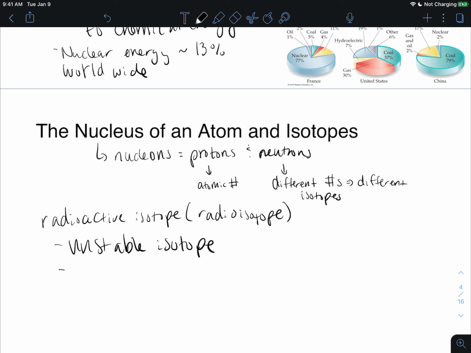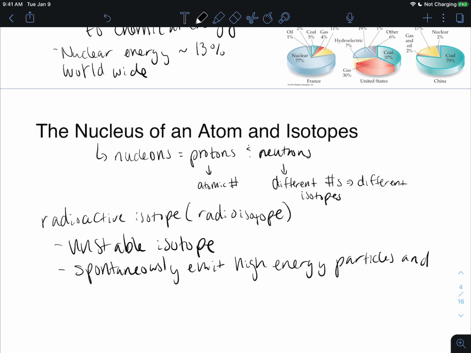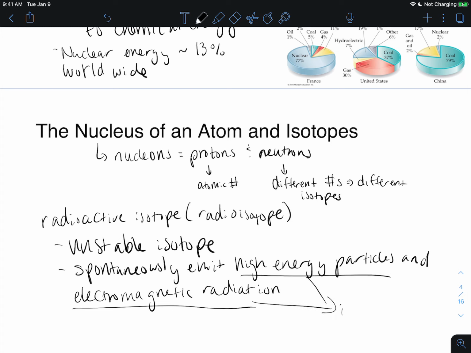Because of this, it's going to spontaneously emit high energy particles and electromagnetic radiation. And these are going to be ionizing, in that they have the ability to cause an atom to lose an electron.